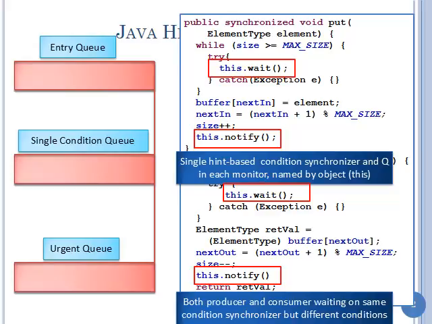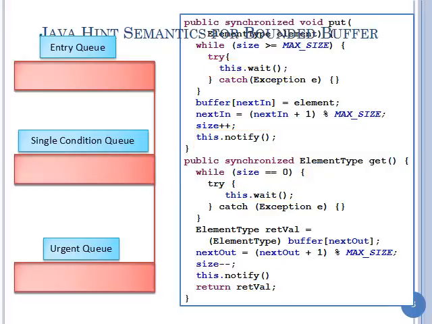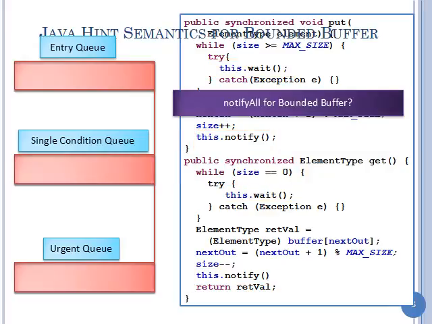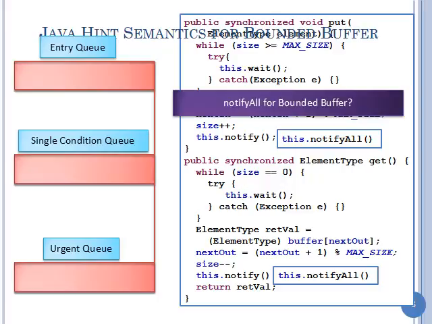We have notify. Basically, both the producer and consumer are waiting on the same condition right now. The producer is waiting on this condition, the consumer is also waiting on this condition, and when you do a signal, who are you notifying? I could go and make this a notifyAll.